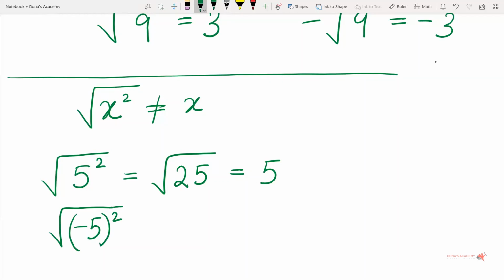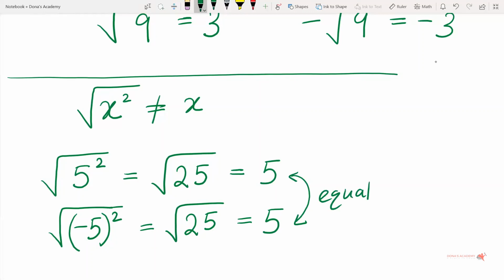Square root of negative 5 square. What is this? This is again square root of 25, because negative 5 times negative 5 is positive 25. Now what is the answer? It is again positive 5. Now these two are equal to each other.